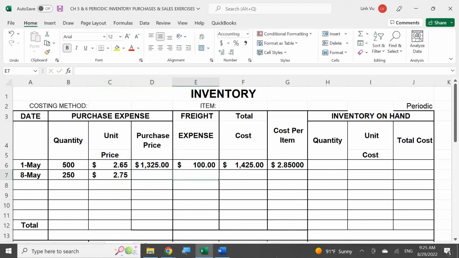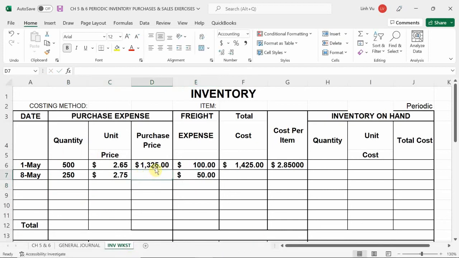250 at $2.75 with a freight of $50. So what's my total purchase price? $687.50, plus $50, $737.50. So in this case, what is my total cost per item?